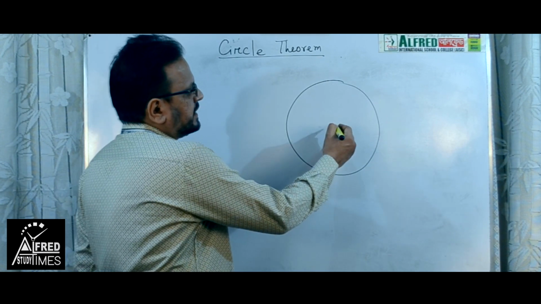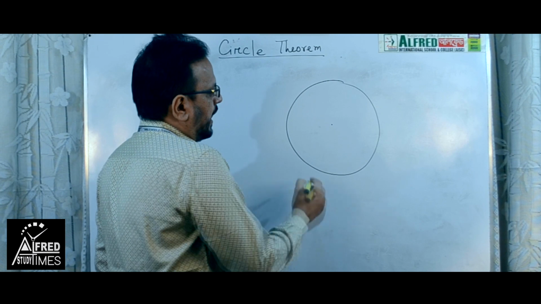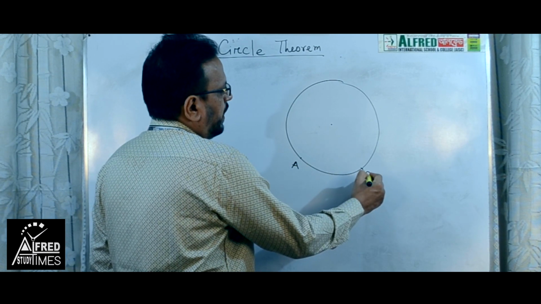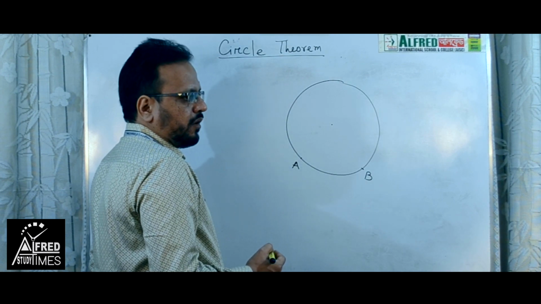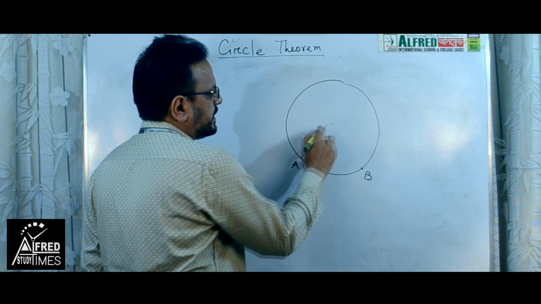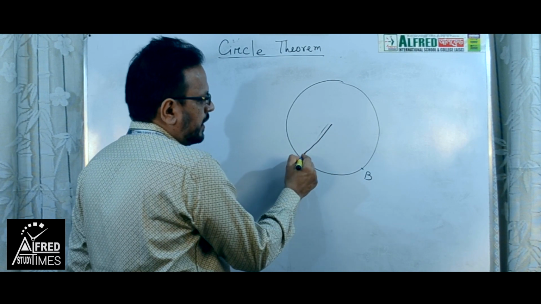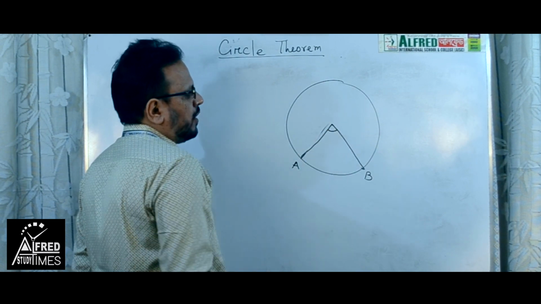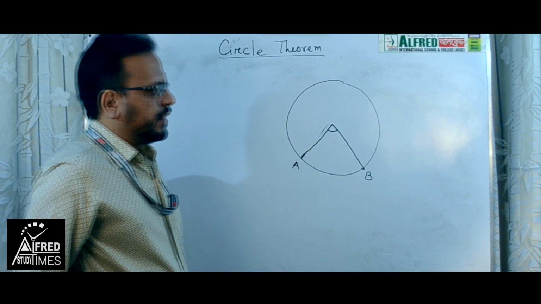This is a circle, this is the center of the circle, and AB is an arc. Now let us stand an angle on the arc. Starting from the A, it touches the circle and comes back. So this is the angle standing on the arc AB.